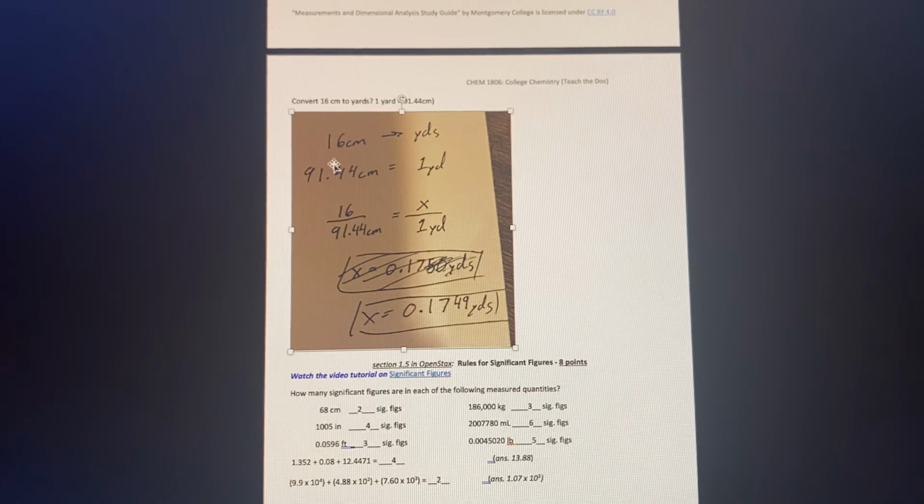We're going from 16 centimeters to yards. We know that 91.44 centimeters is 1 yard. For this one, I set it up as a ratio of 16 centimeters over 91.44 centimeters is equal to x over 1 yard. You would then multiply the 1 times the 16 divided by the 91.44, and you would then end up with 0.1749.